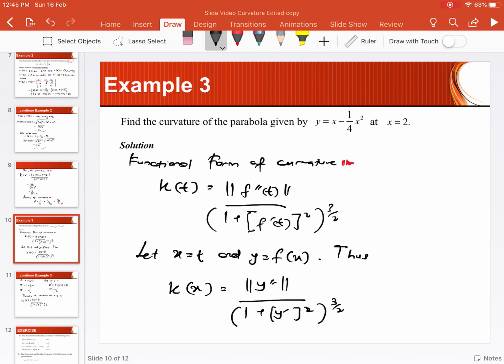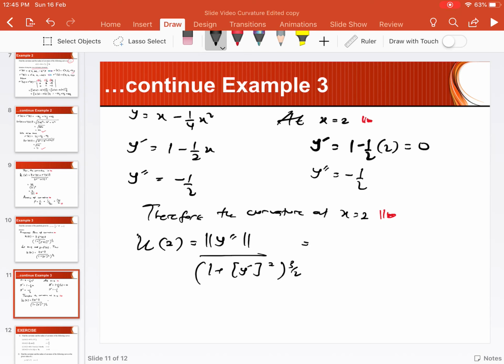I'm using this formula. So this is equal to negative 1/2, so negative 1/2 should become positive 1/2, divided by 1 plus 0 squared to the power of 3/2. So we get 1/2.